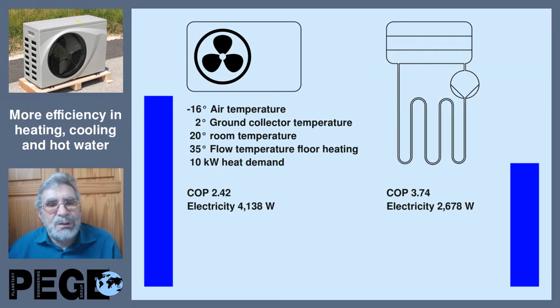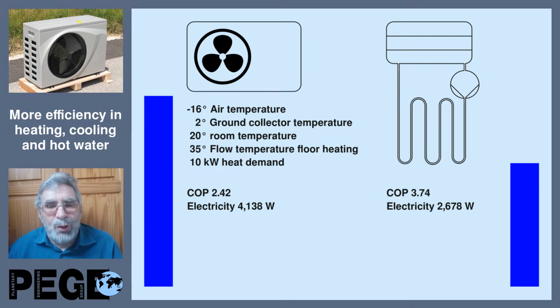But now it becomes very cold, minus 16 degrees Celsius. And so the heat demand of the house doubles from 5 kilowatt to 10 kilowatt. The ground water heat pump has the same coefficient of performance, 3.74, because the underground collector still has 2 degrees plus, and now uses 2678 watts to produce the 10 kilowatt heat demand of the house.